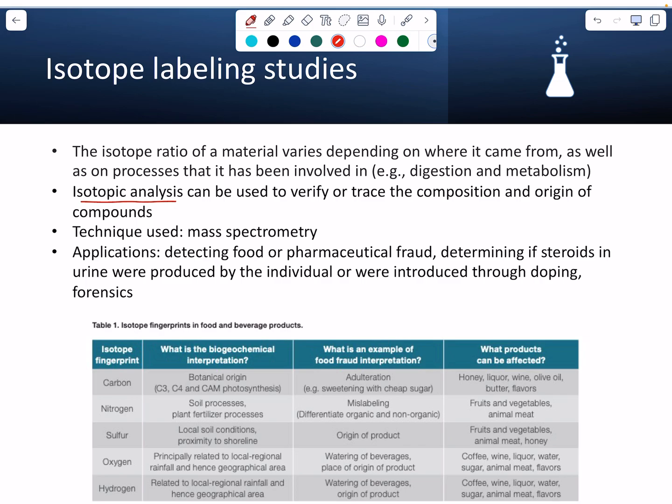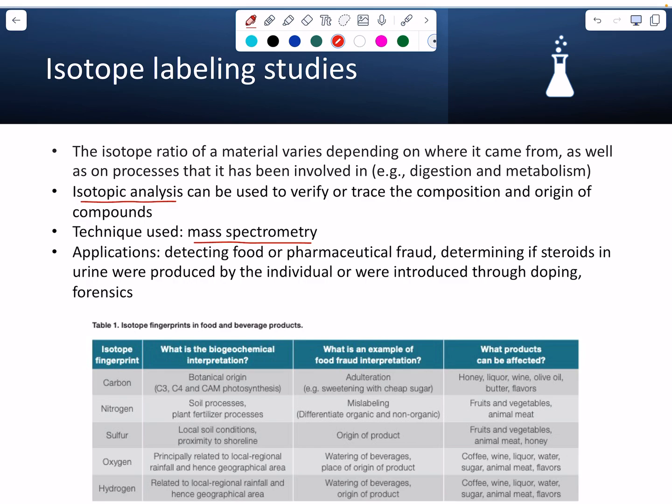The technique we use is mass spectrometry. Mass spectrometry hits molecules with enough energy that it causes them to ionize. It knocks electrons off of them. And what it then does is look at the behavior of the nuclei, and it puts them in a chamber. There are different types of techniques.